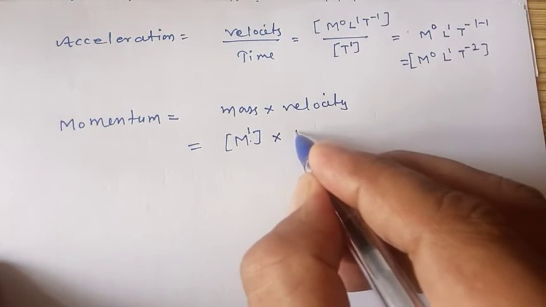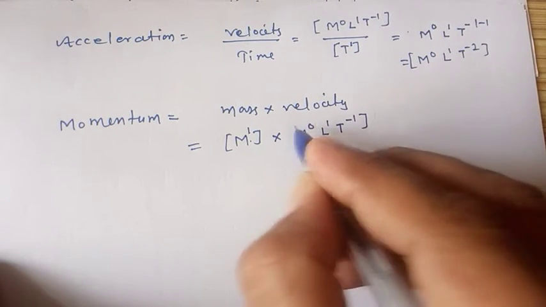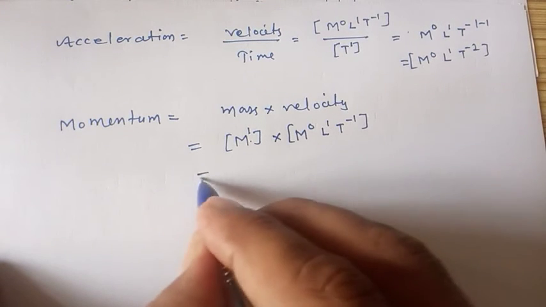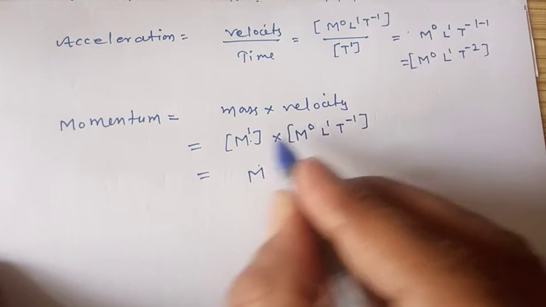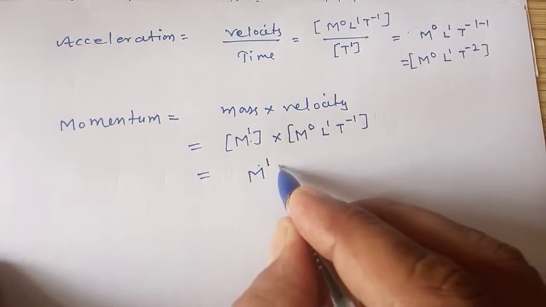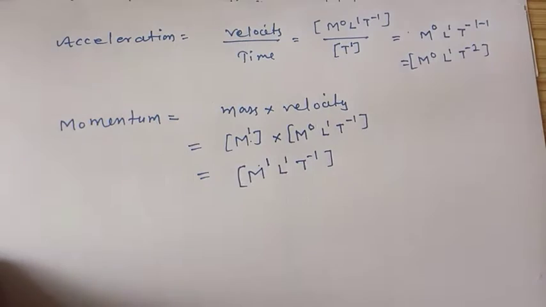Velocity has the dimensions of M power 0, L power 1, T power minus 1. So M power 1 plus 0, that is 1, L power 1, T power minus 1. So this is the dimension formula for momentum.